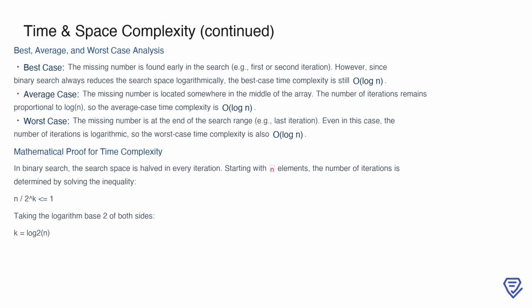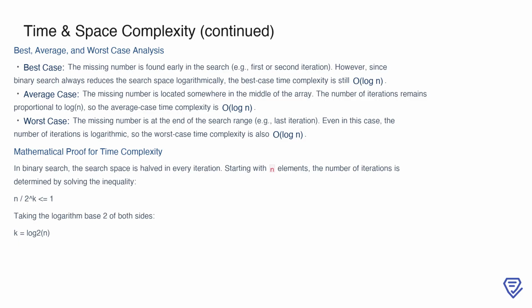Now, let's analyze the best, average, and worst-case scenarios for the time complexity of this algorithm. In the best case, the missing number is found early during the search, perhaps in the first or second iteration. Even in this scenario, the search space is halved logarithmically, so the best-case time complexity remains O(log n). In the average case, the missing number is located somewhere in the middle of the array.